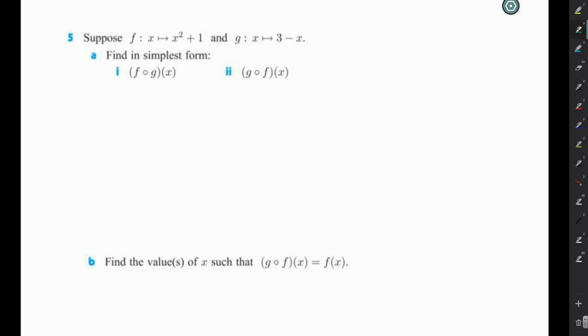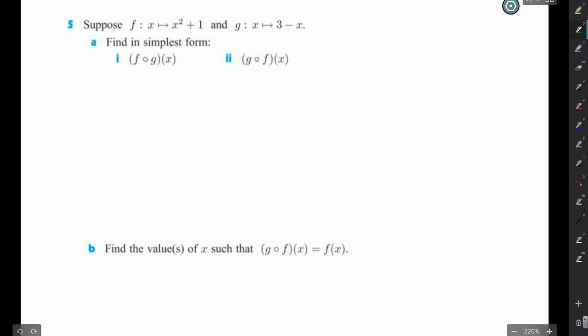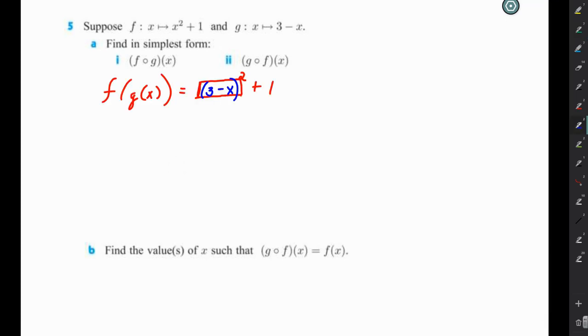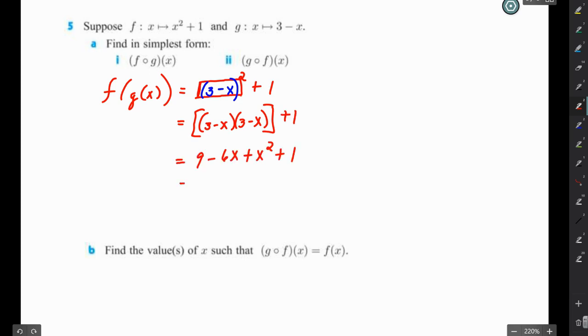Okay, moving on to number 5. We're doing letter I first. Remember that you have to FOIL 3 minus x. And if we put that in standard form, it's x squared minus 6x plus 10.